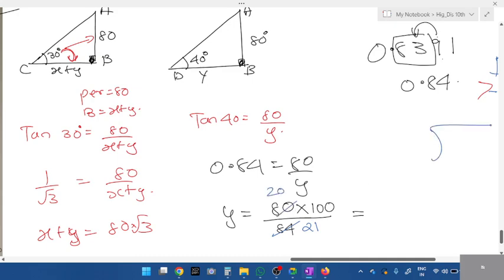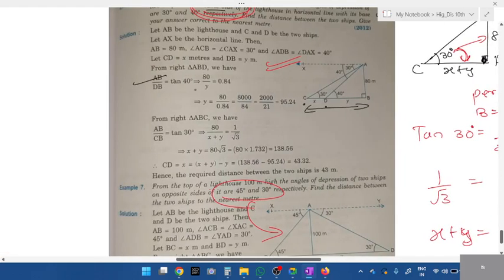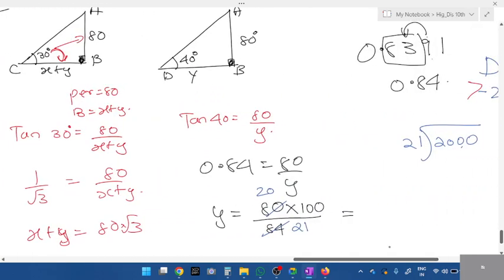So what do you get? 2000 divided by 21. Isn't it tough to calculate? See, 21 goes how many times? What's the answer given here, students? 95 point what? 95.24. Can you see the same calculation, the blue one? Isn't it the same? 2000 divided by 21 is 95.24, students.